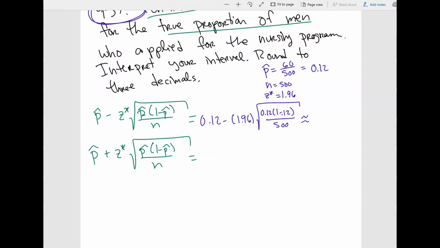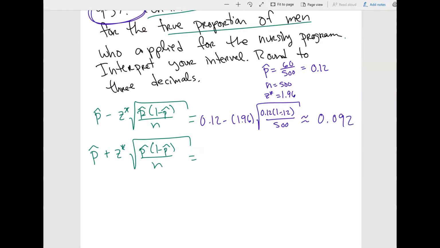Okay, so let's put that into my calculator. 0.12 minus 1.96 square root of 0.12 (1 minus 0.12) divided by 500. I ended up getting 0.092 for that one.